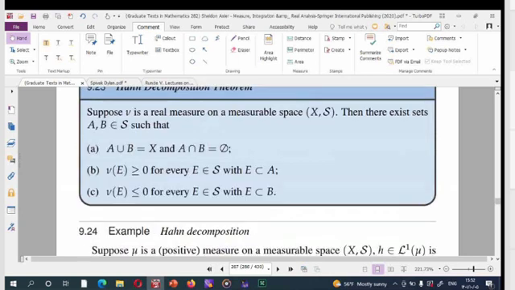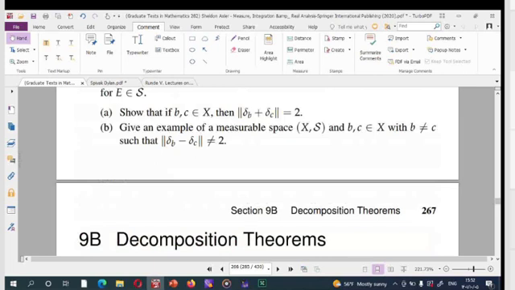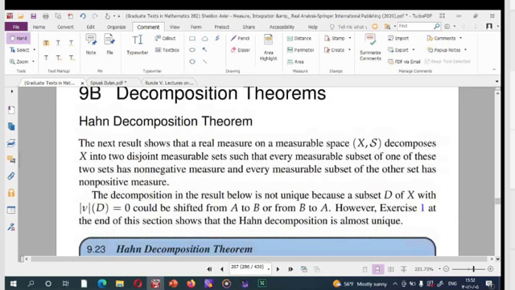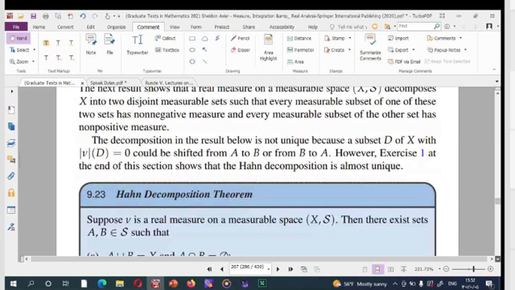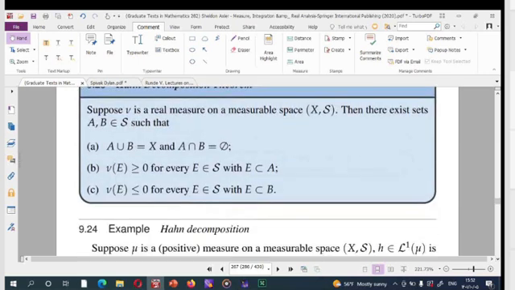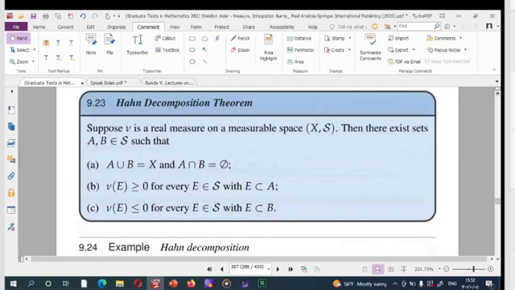then we have the decomposition theorem, and this is very important. Hahn decomposition.